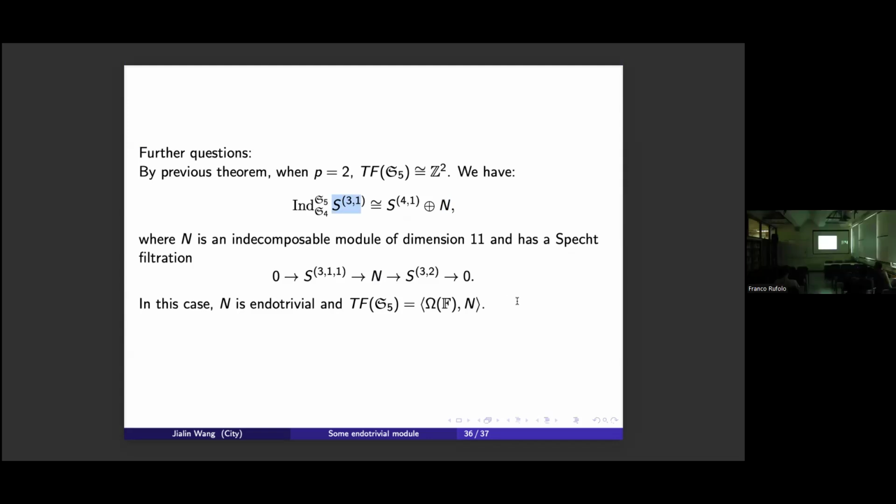But when you take symmetric power, it doesn't behave well with induction. Restriction is fine, but not induction. So you cannot get more information from the fact that this is a direct summand of the induction, and you have to work directly with this module N.